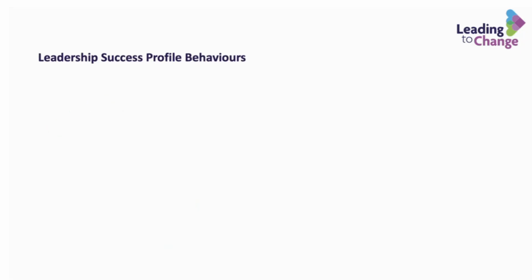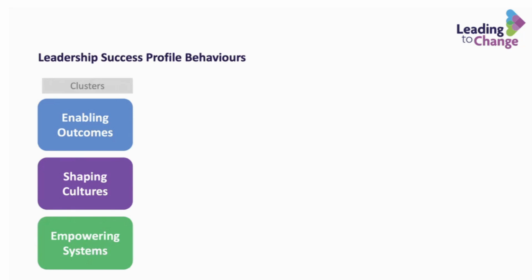individual. So in terms of the behaviors that I've talked about, these have been summarized in relation to three key clusters. And the reason we put them into these clusters and this structure is just to help with usability and to help you to think a little bit about yourself and perhaps which areas you may be scoring higher or lower around.